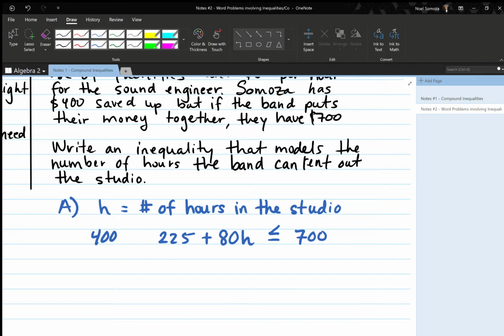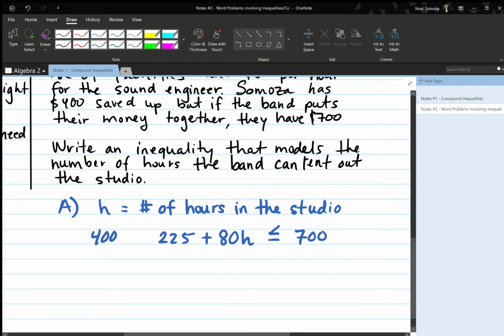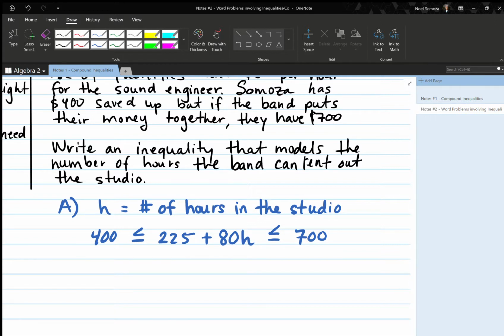I need to get some time in the studio. I could spend just barely 400 because nobody else pitched in, all the way up to the 700 if we pull all our money together.